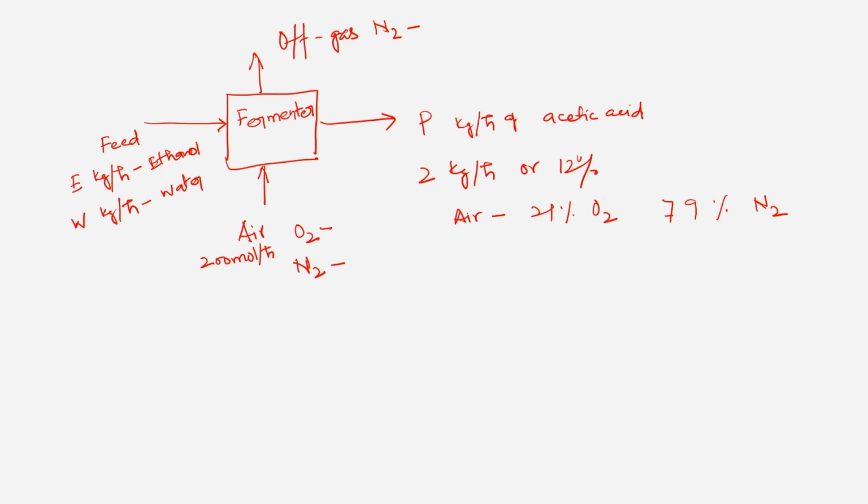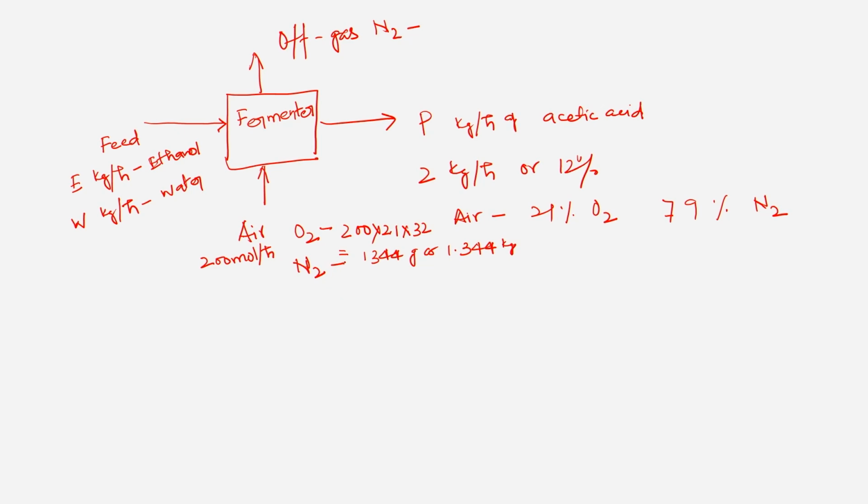So, if I do this for 21%, this will be 200 gram mole into 0.21 into the mass of oxygen, which is 32. So, oxygen will be 200 into 0.21 into 32, which equals 1344 gram or 1.344 kg.